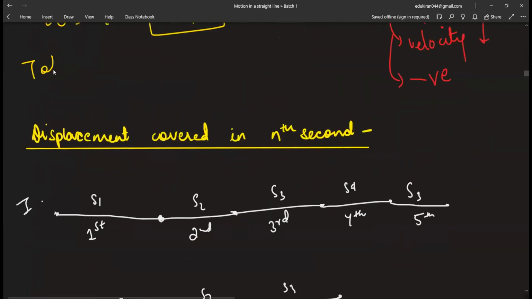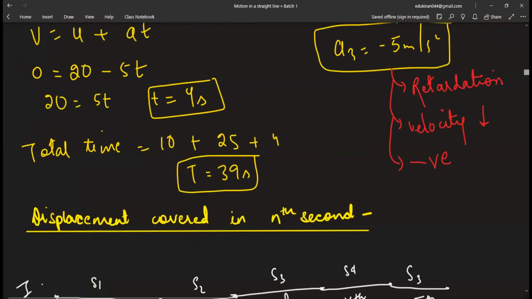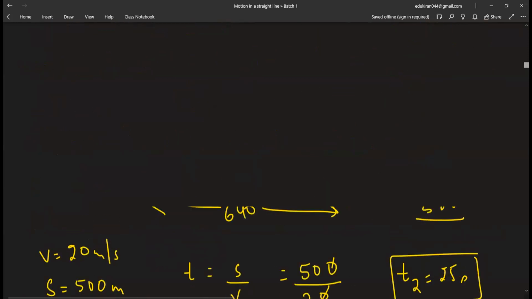So here total time would be 10 plus 25 plus 4 seconds. This is equal to 39 seconds. This is the total time.